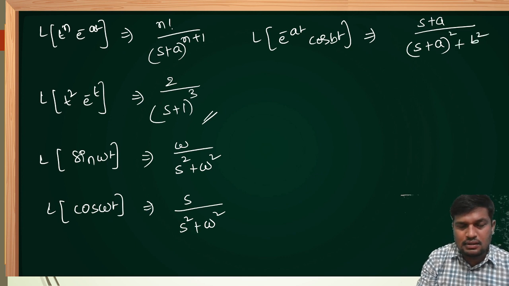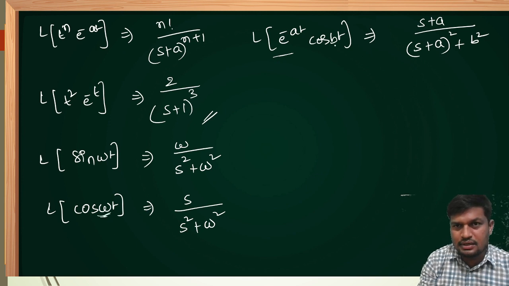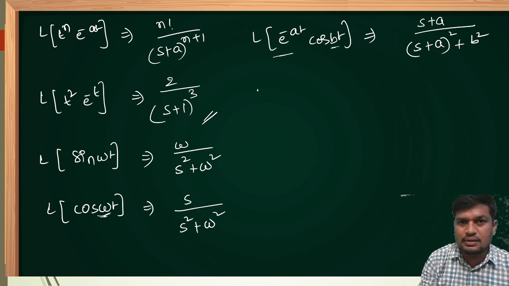By this formula, cos omega t is s by s square plus omega square. Due to e power minus at, it will be (s plus a) by (s plus a) whole square plus omega square. As you have taken the variable as omega here, but here you have taken b, that's why (s plus a) by (s plus a) whole square plus b square.